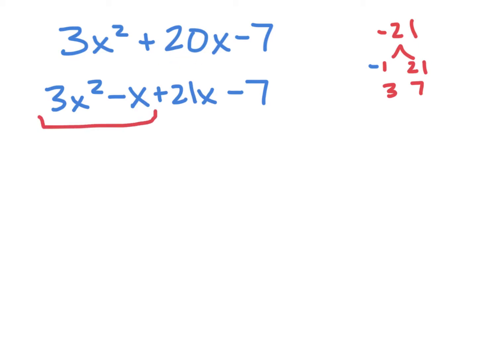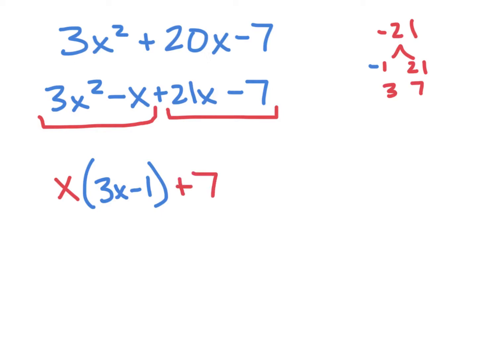Now, find the GCF of each of these. And just again to reiterate, it doesn't matter what order you write these in, you'll still end up at the same answer. So 3x squared minus x, those have an x in common. And what's left is a 3x minus 1 whenever you divide each of these terms by an x. 21x minus 7, those are both divisible by positive 7.